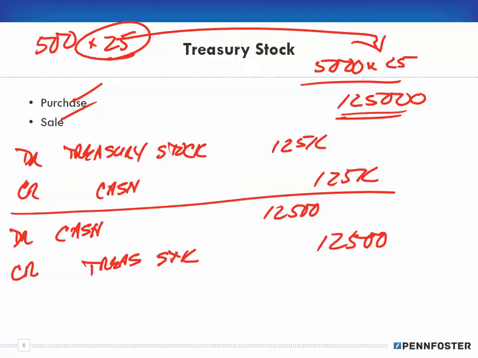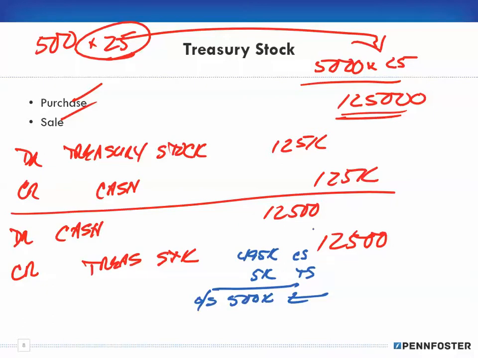Now if we look at it from the perspective that we had 500,000 shares outstanding, and we bought back 5,000 of treasury stock, our outstanding number of shares would still be 500,000, but our common stock would have 495,000. The number of outstanding shares stayed the same.